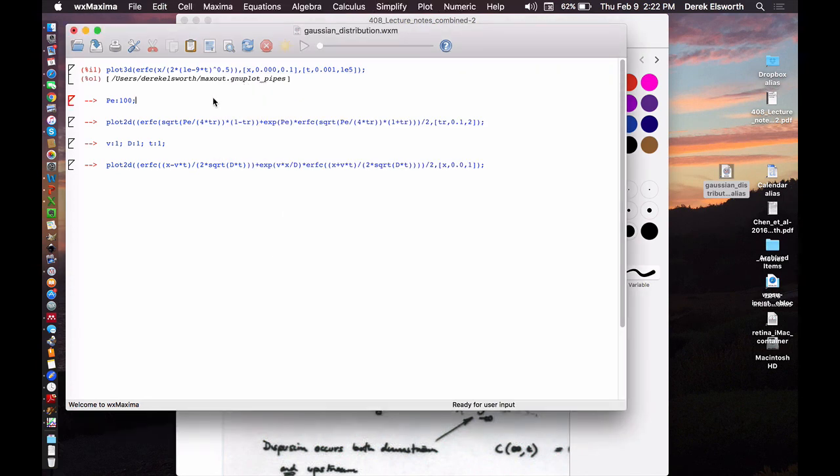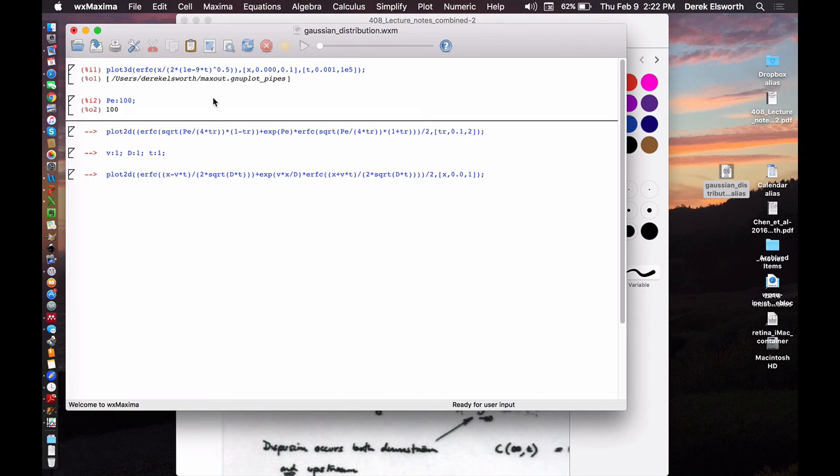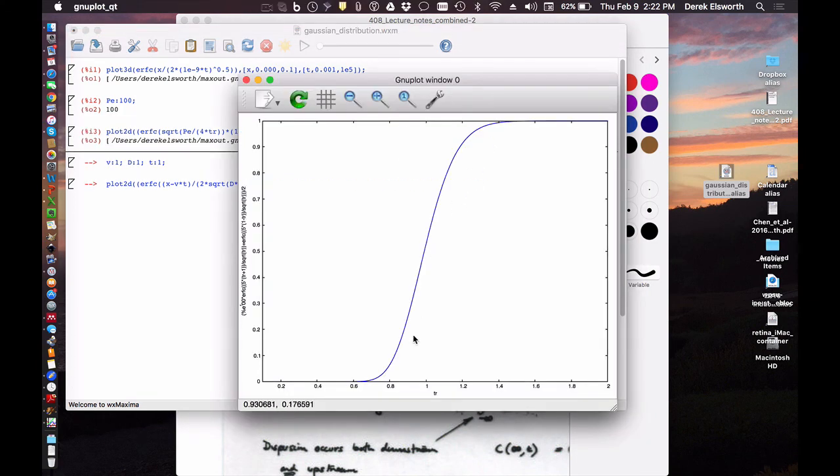So if we use, for instance, a Peclet number of 100, and we do this plot, then this is the breakthrough curve. I can't draw on this. This is relative time, pore volumes. This is 1 here. This is 100% concentration, 0% concentration. For a Peclet number of 100, the breakthrough time at 1 pore volume is 50%.